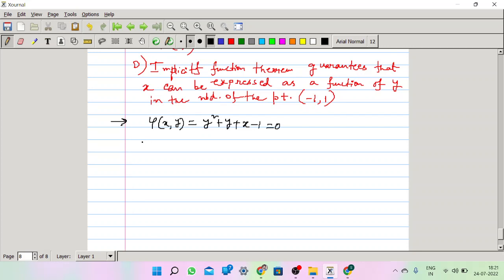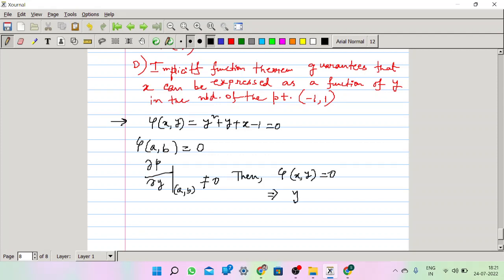So I have to check that phi at a comma b is equal to 0, and del phi by del y at a comma b is non-zero. Then by the implicit function theorem, phi of x y equal to 0 can be written as y equal to some function of x in the neighborhood of a comma b.